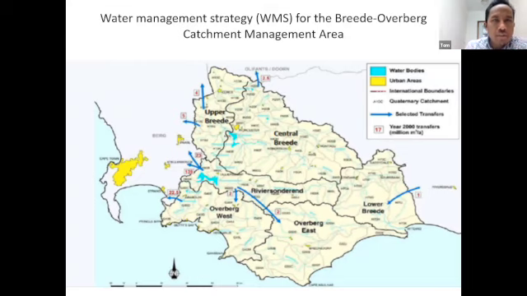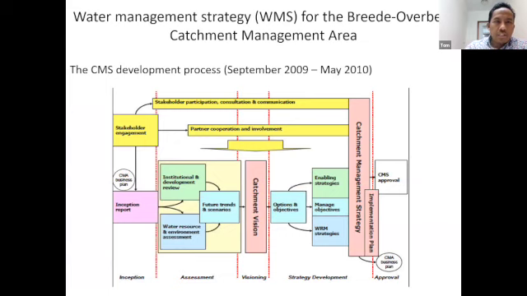This backcasting study was conceived to support the development of a water management strategy for the South African Breede Overberg catchment management area. And for this strategy development process, the organization has chosen a similar backcasting approach.